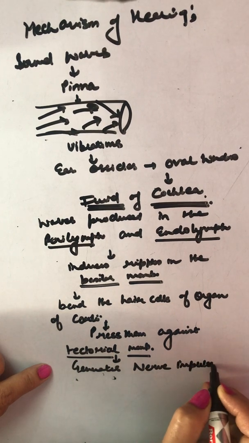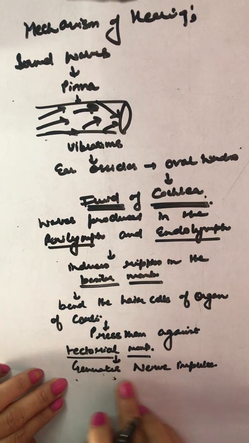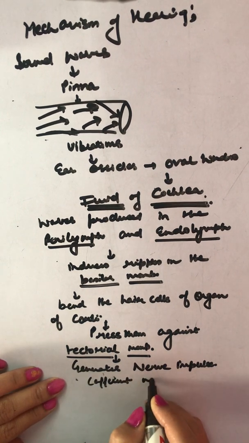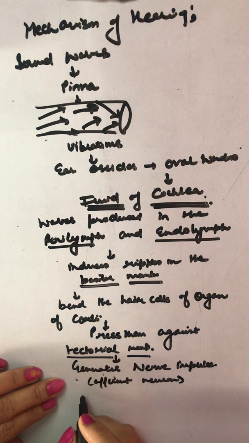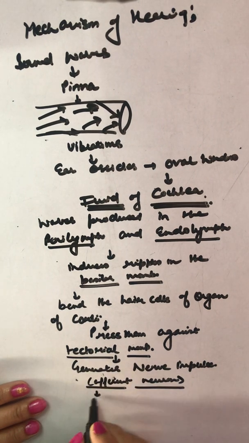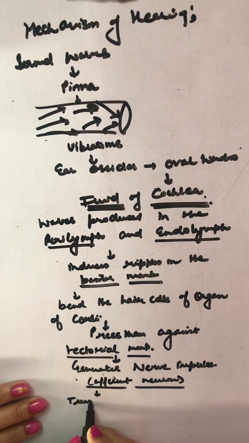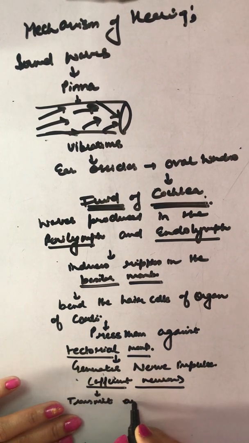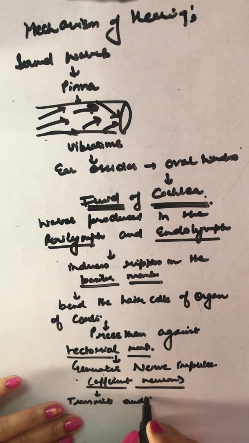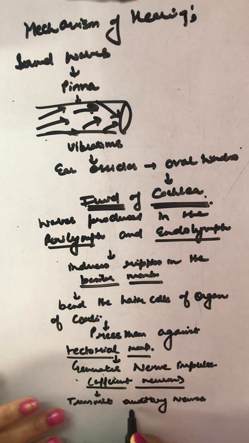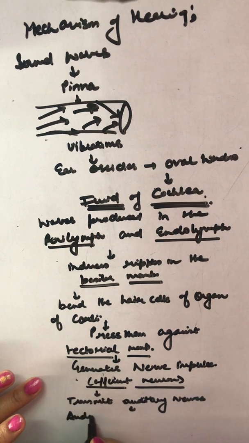Nerve impulse in the associated afferent neurons. Obviously, afferent ones always take the message, not the efferent ones. And this transmits the impulse via auditory nerves to the auditory cortex of the brain.